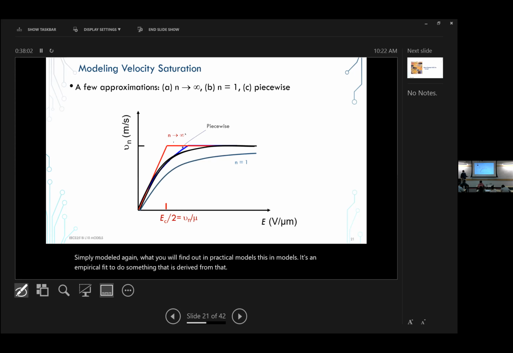For hand analysis, we have seen a few different ways of handling this. I can come up with 3 ways, all 3 resulting in a legitimate model, each one of them coming with some set of limitations. There is one that is n equals to 1, or n equals to 2 exists as well. Those are the models that were actually put into SPICE back in the 90s.